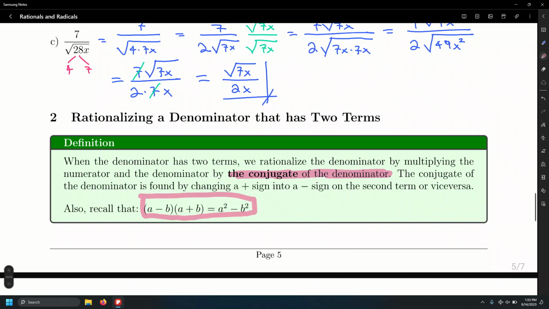All right? And then also recall this little trick right here. Remember how we use that backwards, the difference of squares? Let me write it down.